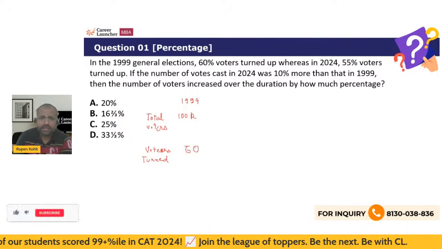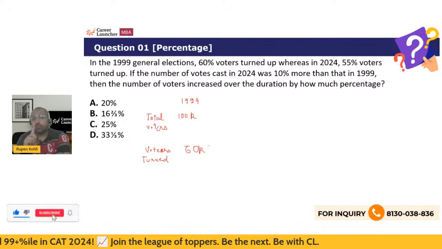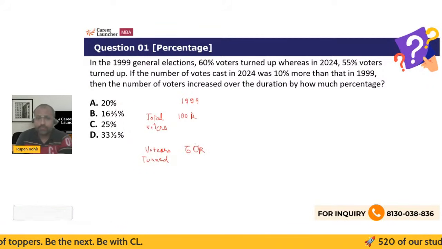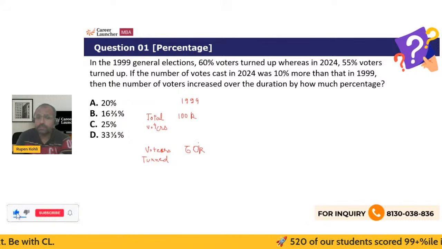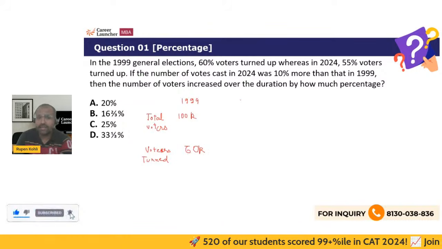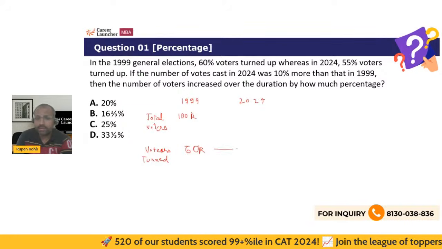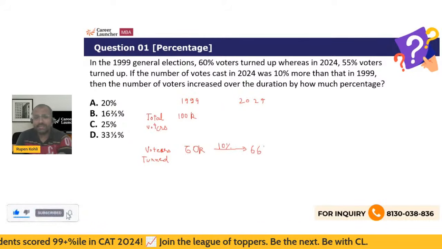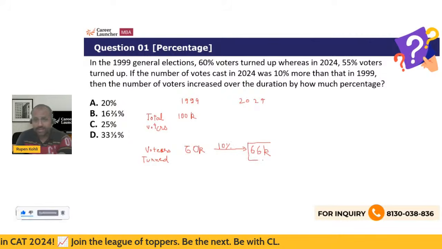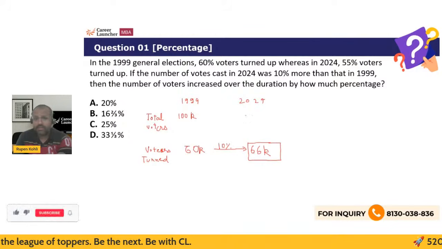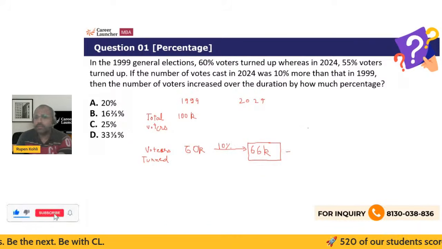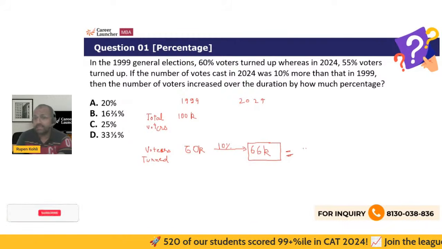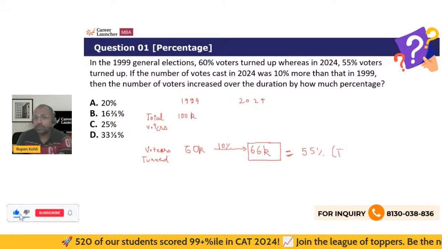So 60K. Now, what we know is that the number of votes increased by 10%. So if 60K votes were cast in 1999, then in 2024, 10% more votes were cast. So this was 66K. Now, this 66K is 55% of whatever the total is. So to find that total, that is the main objective, this 66K is 55% of the total population.